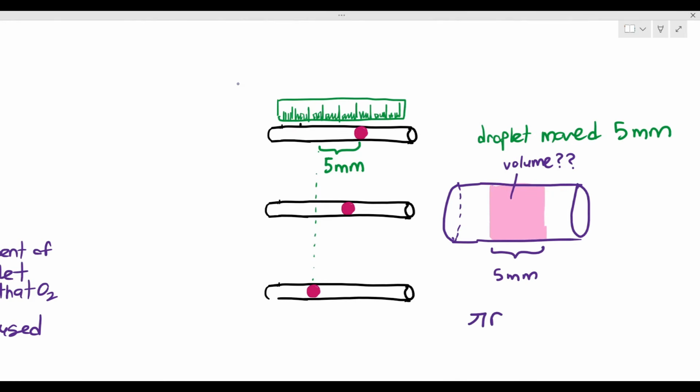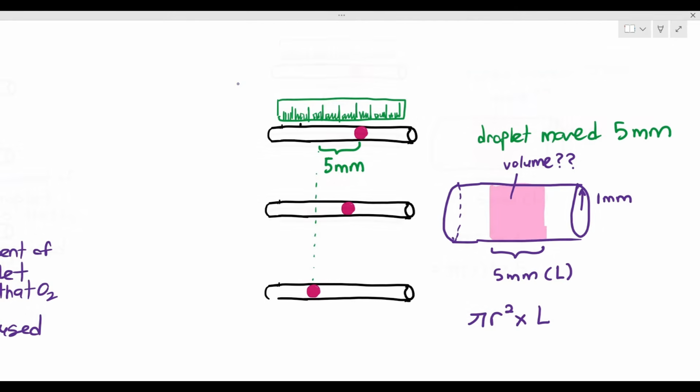You must know the radius of the tube, because the radius of the tube there, as I'm giving you, is 1 millimeter. This is just an example, 1 millimeter, and the distance the droplet moves was 5 millimeters, right? So how do you calculate the volume of a cylinder in that case? Pi r squared, r being the radius, multiplied by L, which is the distance the droplet moves.